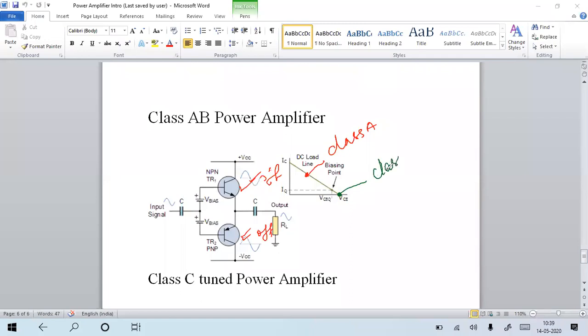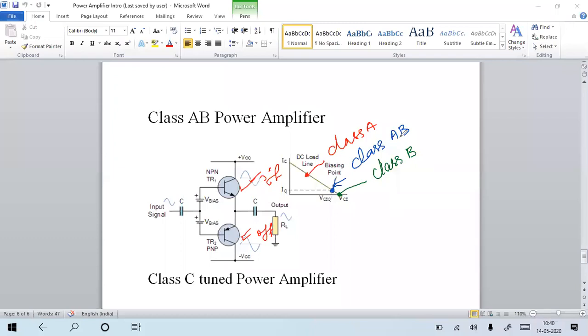This is class B. What about the class C amplifier? Class C amplifier is not at the center of the active mode, and not exactly at cutoff mode. It is slightly above the cutoff mode. That means this area. This is class AB. Getting my point? Why is it class AB?